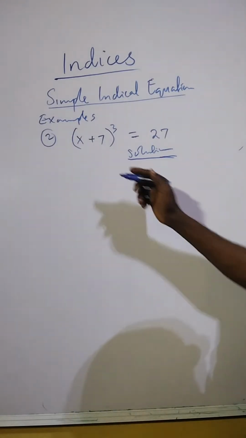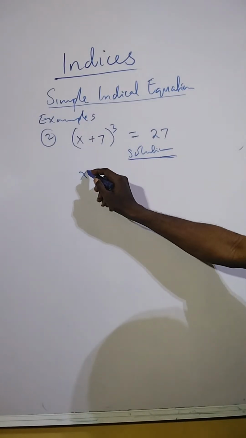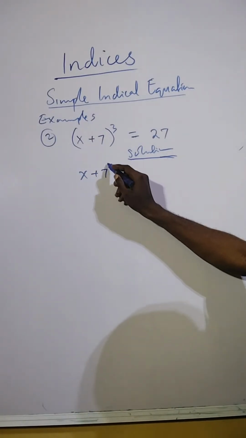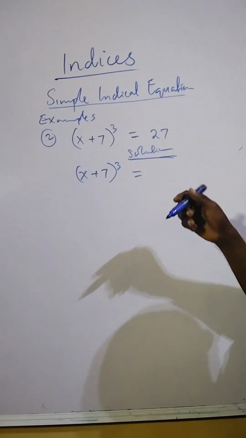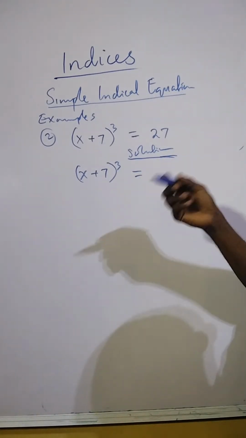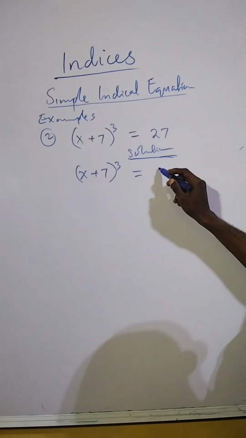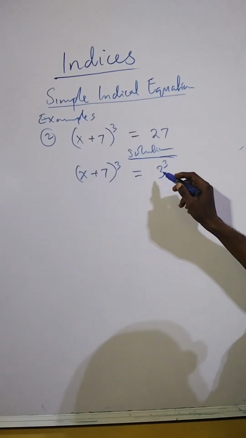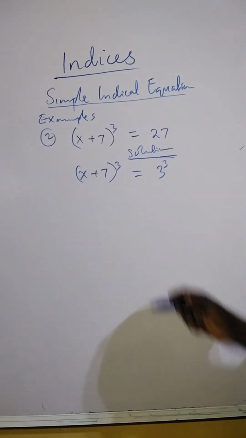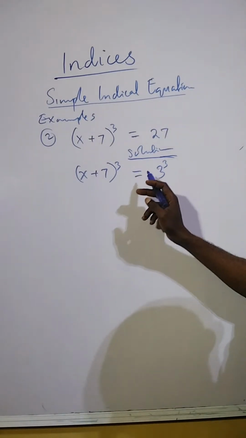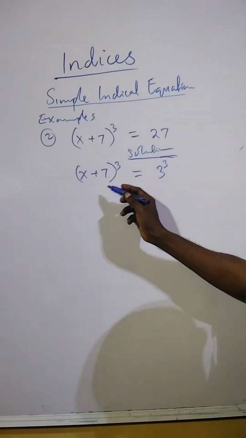So here you can say this is (2x plus 7) all raised to power 3. 27 also can be written as a power of 3. So we can say that's 3 raised to power 3. Because 3 multiplies itself 3 times, that will give us 27. Then now look at the power. We have the same thing, so we can drop it out.